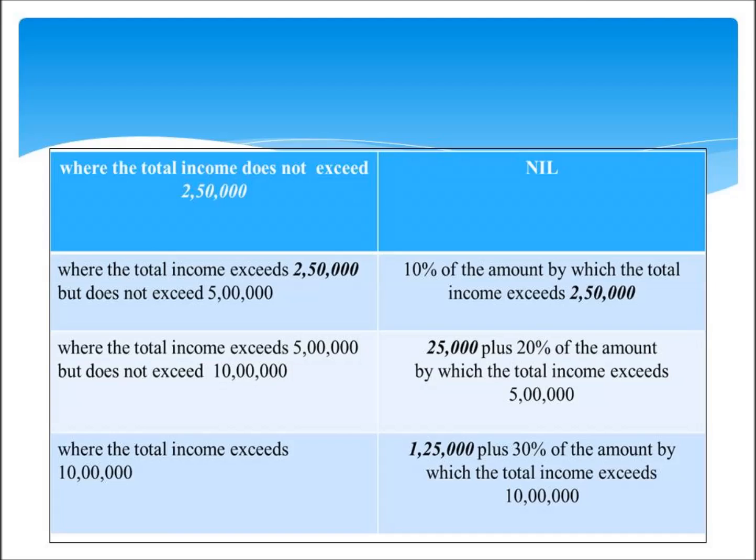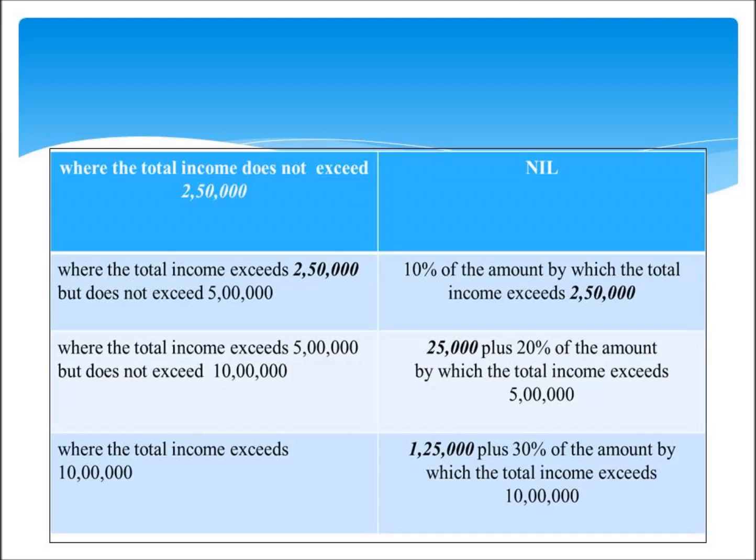Just look at this point, the total income coming under point 2, that is 2,50,000 and 5 lakh, the difference between the upper limit and lower limit was 2,50,000, and when we apply 10% to that, it comes to 25,000. So when we move to the third category, first of all we'll add 25,000 and then we'll add 20% of the amount by which the income exceeds 5 lakh.